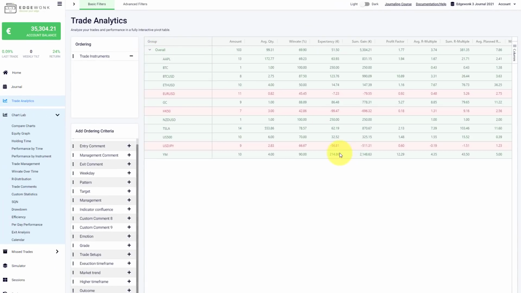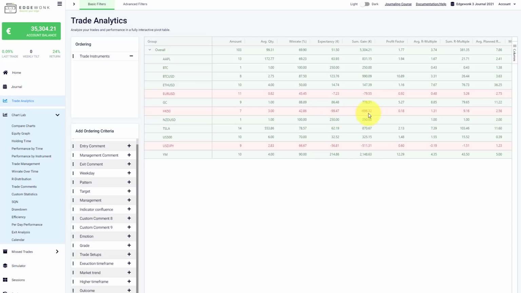And we have a few instruments which are really underperforming. So you can see for the US dollar yen, we have 9 trades and an average trade value of negative 56. So overall, this trader lost 511 euros on all of the US yen trades. Hong Kong 50 has an even higher negative value of almost $100 per trading loss.